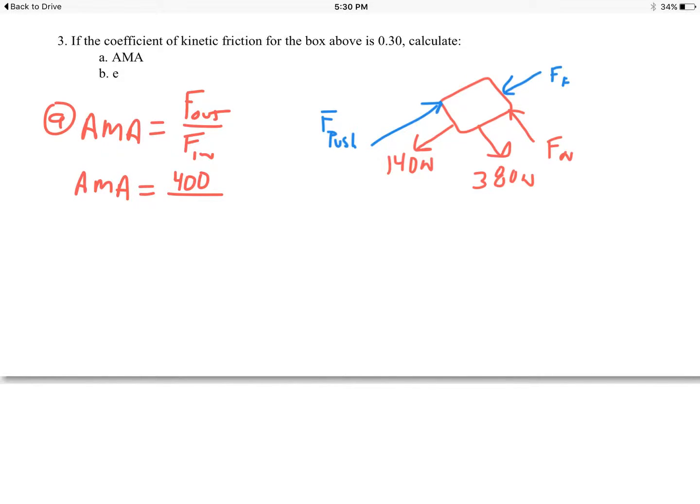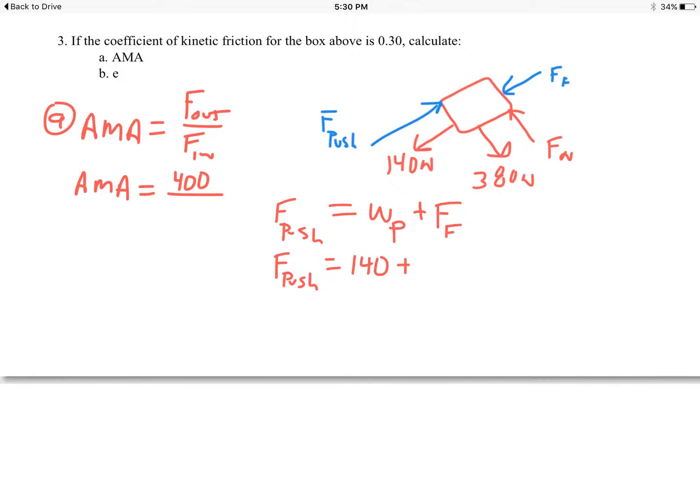Using Newton's second law, F net equals ma, we know F net is 0, and therefore along the direction of the ramp, the force of the push must equal W sub P plus force of friction, because those are the two forces that are down the ramp. So the force of the push will be the 140, I already have that labeled, plus the force of friction.